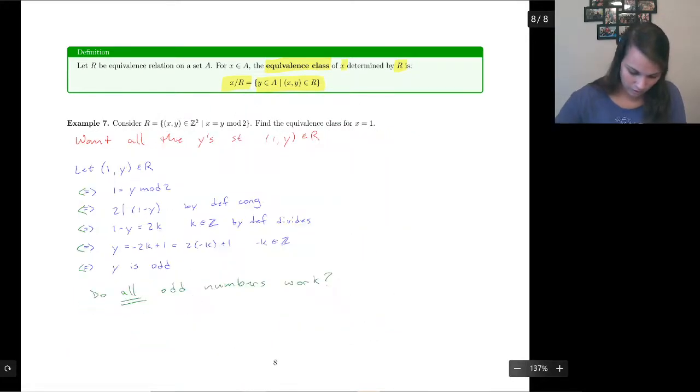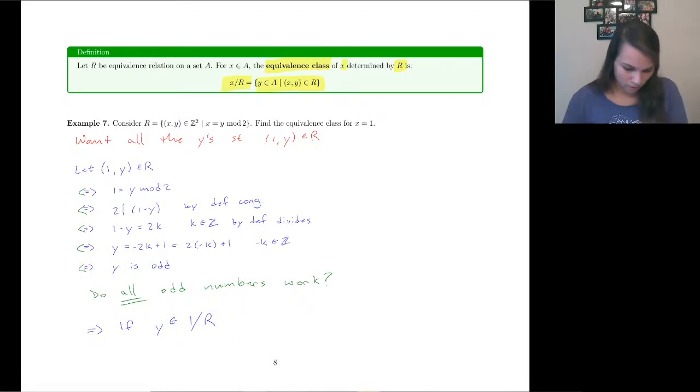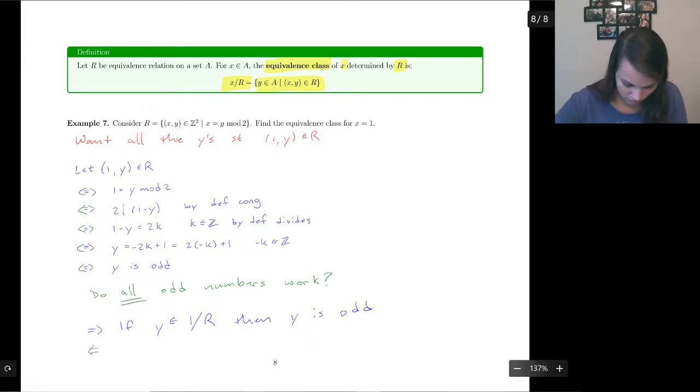What did we do? In the forward direction, just to summarize, if y is in the equivalence class of 1 determined by R, then y is odd. So no evens allowed. But then in the reverse direction, which we'll say in green, if y is odd, then y is going to end up in our equivalence class.